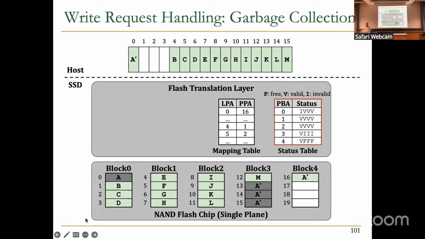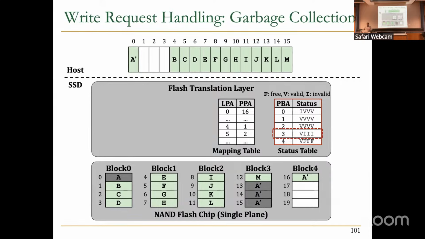For block 0, for example, we know that page 0 is invalid, and the other pages are valid, because they have the valid copy of data. For block 4, for example, we have 1 valid page, and then 3 are free, because we haven't written to them yet. By having this status table, the FTL can see that block 3 has the highest number of invalid pages.